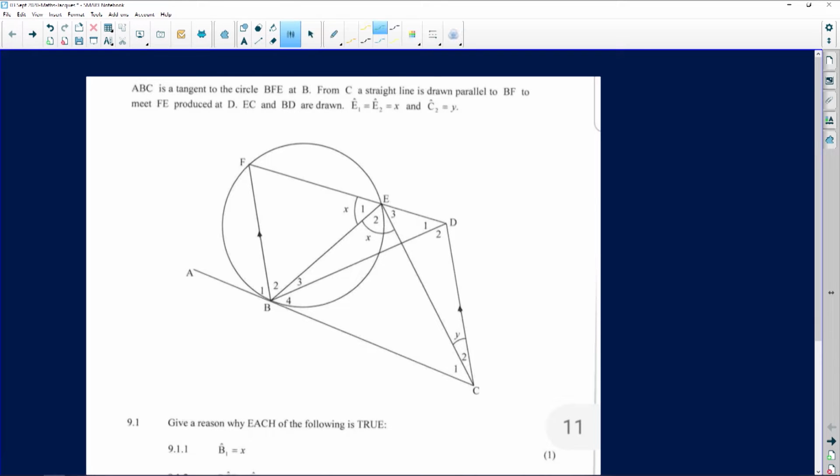Our first bit of information says that ABC is a tangent to the circle at B. I stop reading immediately. Now I use that information and fill in everything that relates to that tangent on this diagram. Let's remind ourselves.